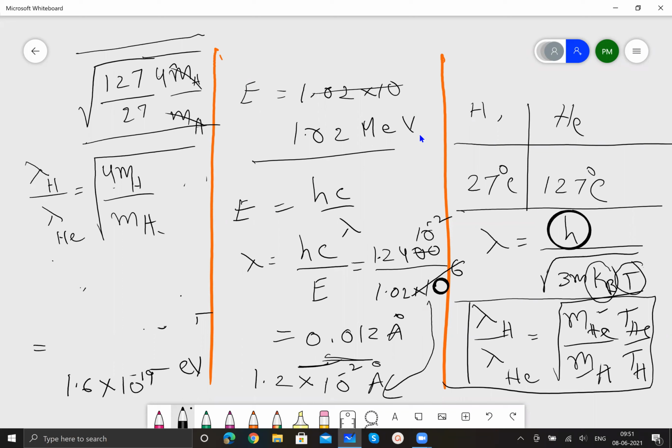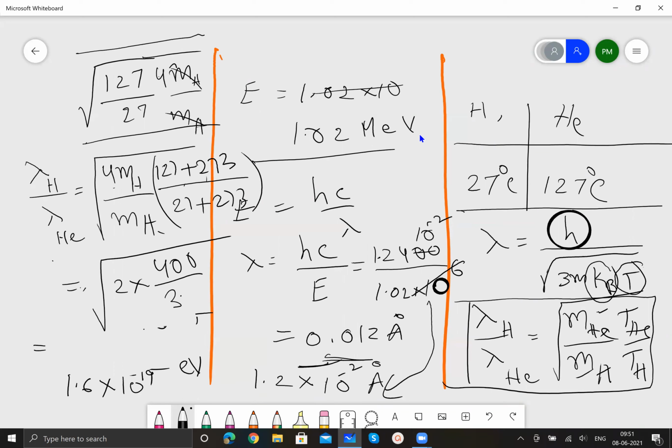We have 127 plus 273 by 27 plus 273. That is 400 by 300. So it is root 4 by 3, which is 2 by root 3. See what silly mistake you did.